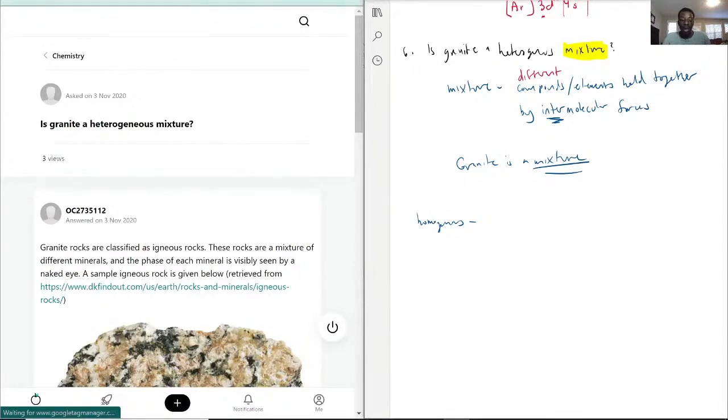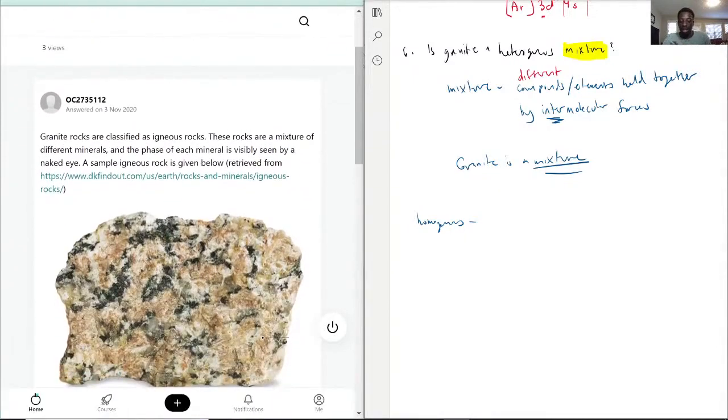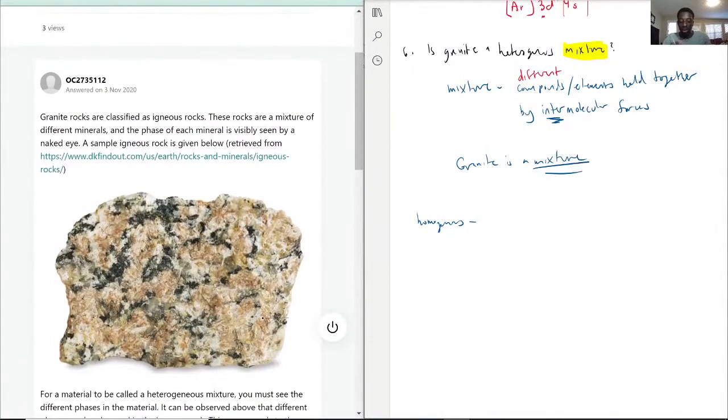A heterogeneous mixture would be exactly like granite, where you can actually see the different parts of it, the different minerals, whether through coloring or such. As they show a picture of granite here, you can see there are definitely different parts mixed in, and you can see the different phases and parts in this material. So that is what heterogeneous is.